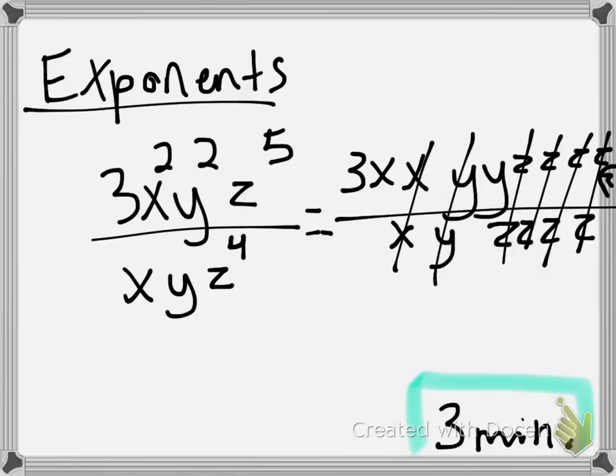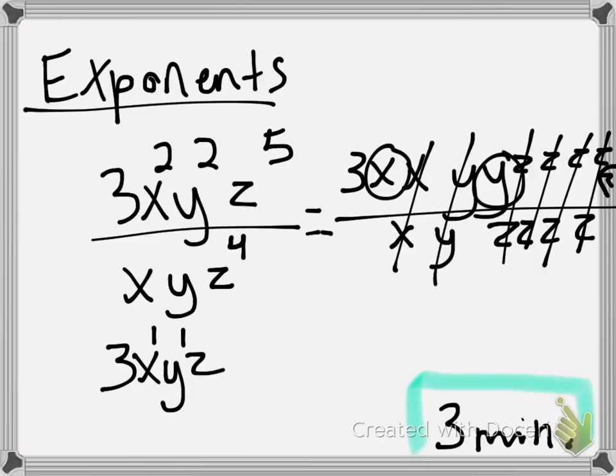So I still have one of each right there, don't I? So 3, x, y, z. That's because all of them are 1, so I don't have to put 1, 1, 1 like that, because we know that that's automatically 1. And this is not a fraction anymore because we used everything on the bottom. So if you were going to make it a fraction, it'd have to be over 1. But this is your answer right here, 3xyz.